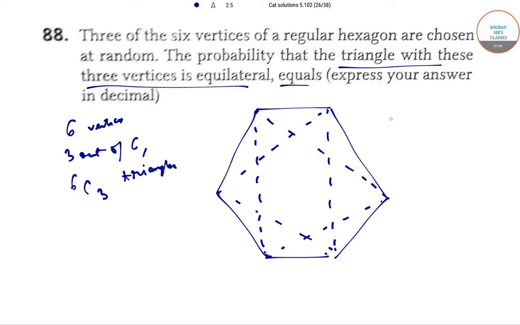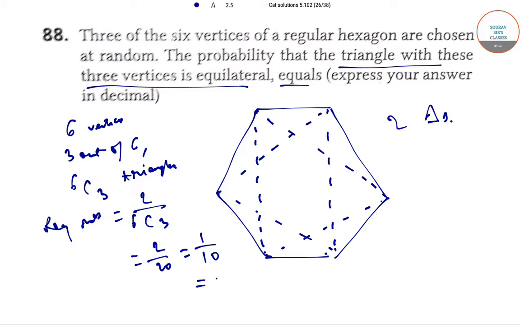So there can be only 2 triangles which are equilateral out of the 6C3 triangles. So the required probability is equal to 2 by 6C3, is equal to 2 by 20, that is 1 by 10. So 0.1 is the required probability.